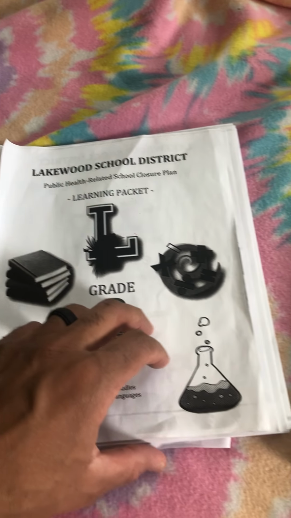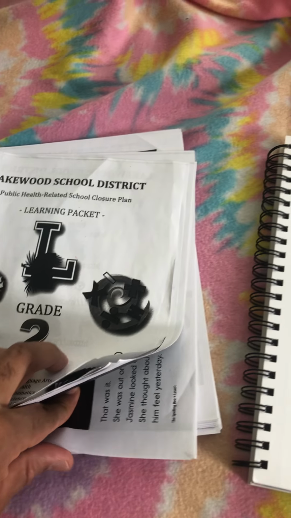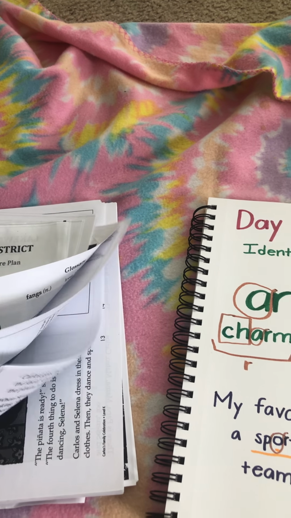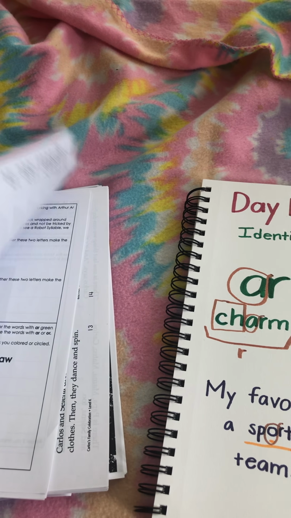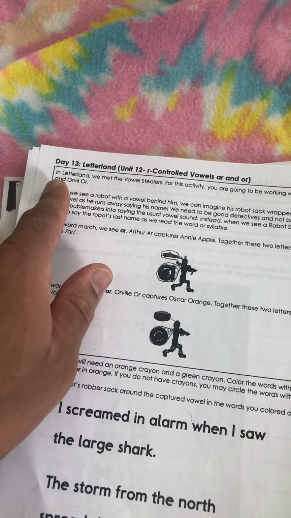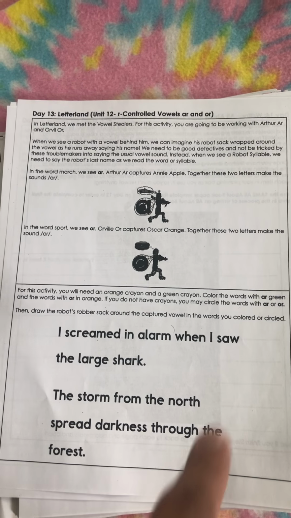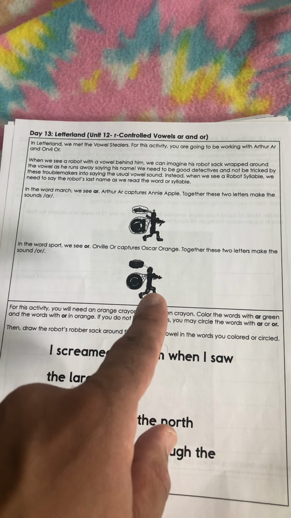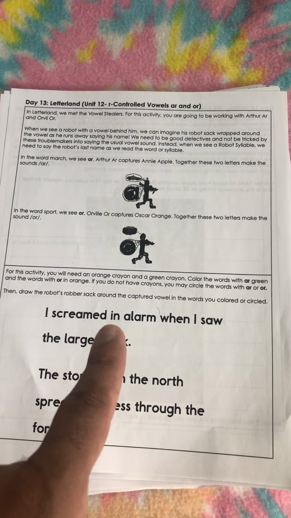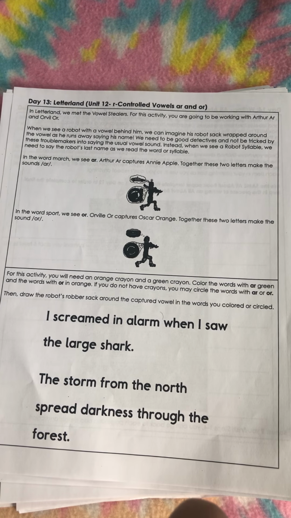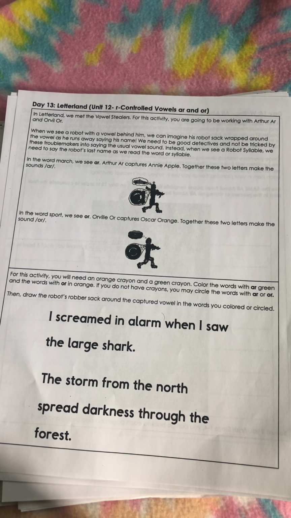In your packet today, you all are going to have a chance to practice very similar to what I just did. I'm going to open up to my day 13 lesson activity. Your packet is going to give you a brief review of Arthur R and Orville Or. And then you all will be able to look at a couple of sentences. Just like I did, you will be able to use your green and orange markers or crayons.